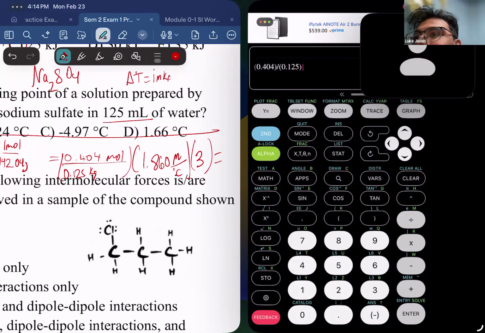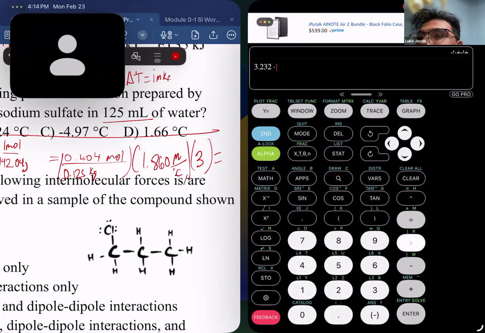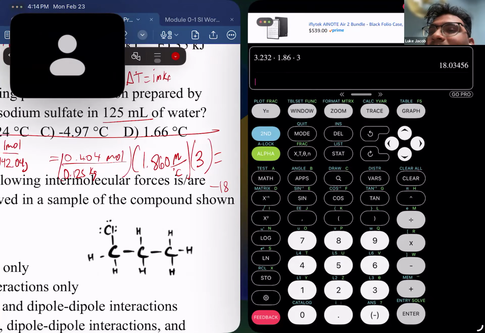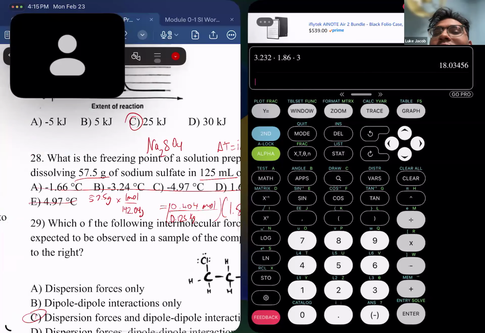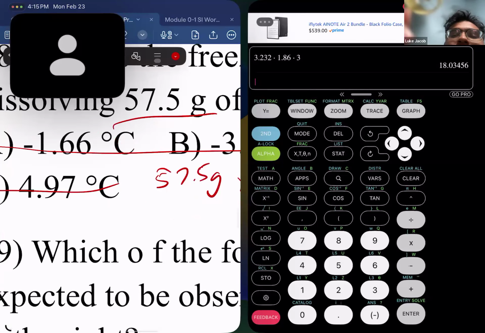Then take this number, times it by 1.86, times it by 3, and we get around 18. So this is going to be delta T. It's 18, which is delta T, but then you have to make sure you understand it's the freezing point, so you have to subtract it from 0 degrees Celsius. So the answer choice here is negative 18 degrees Celsius.